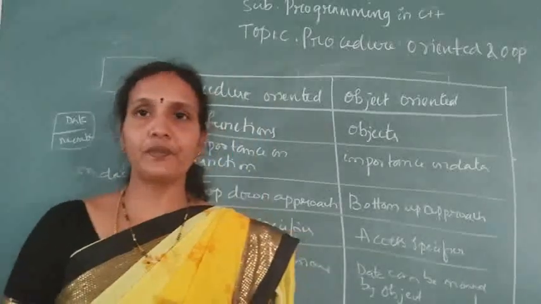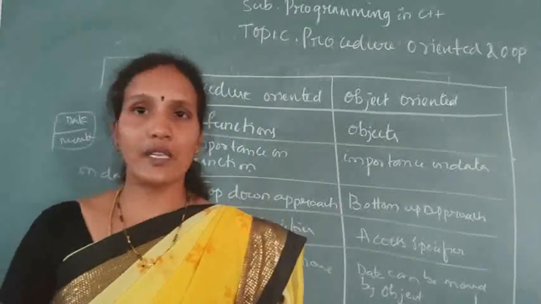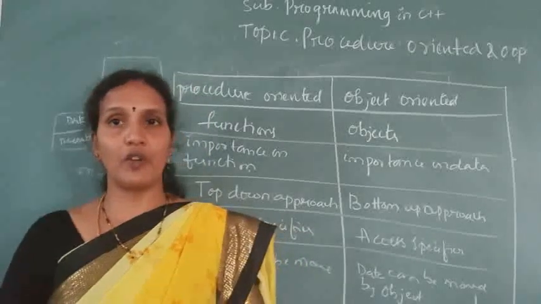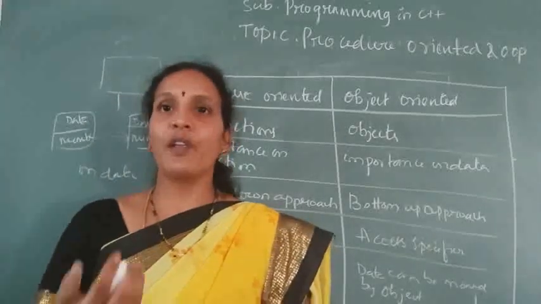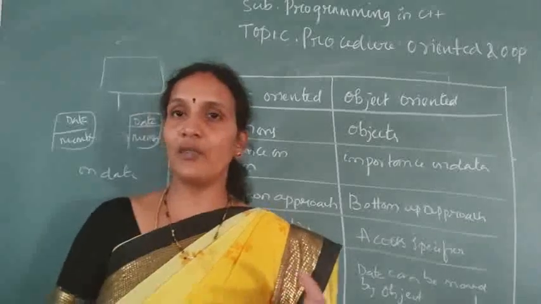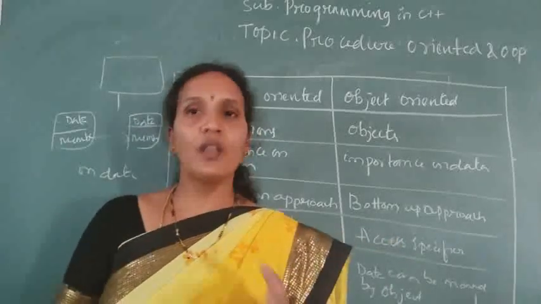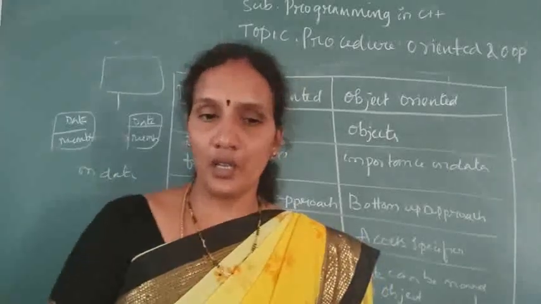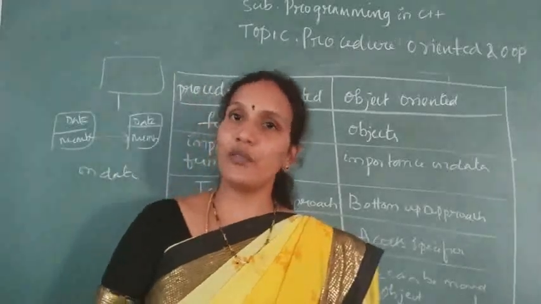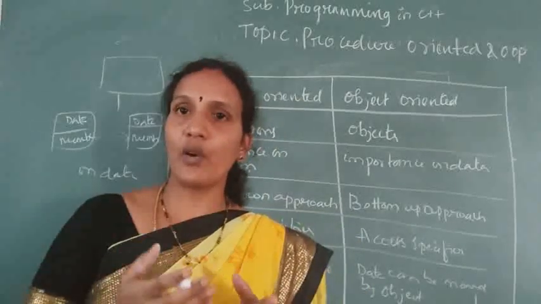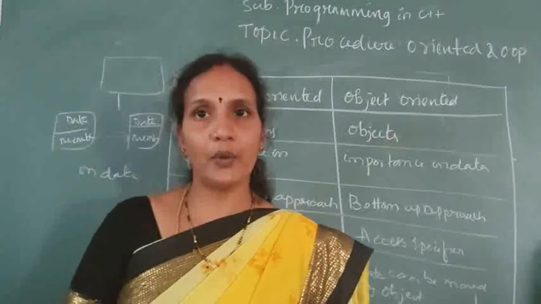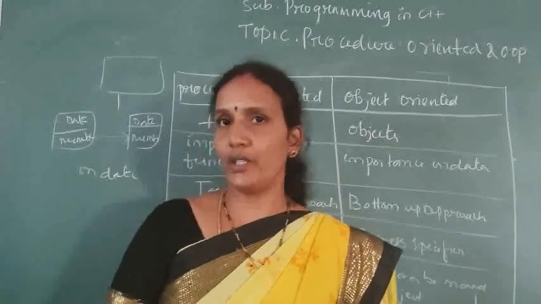Customer name, phone number, and address will come under data. And the operations the customer performs, like depositing and withdrawing amounts and taking loans, will come under the customer object. Issuing and taking amounts from a customer and giving loans, those functions will come under the bank. It means that according to real world requirements, you can design the program using object-oriented programming.